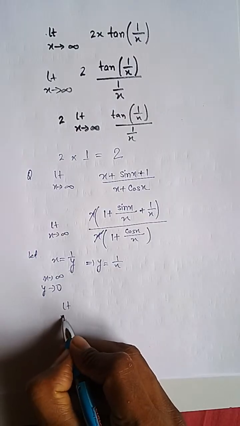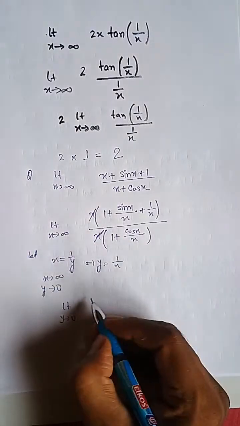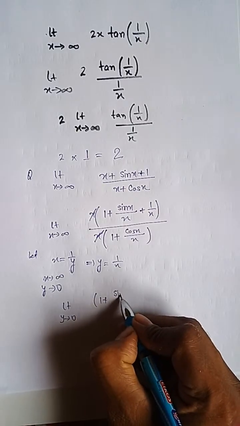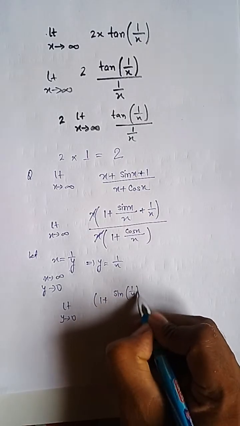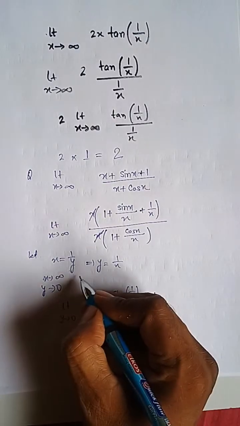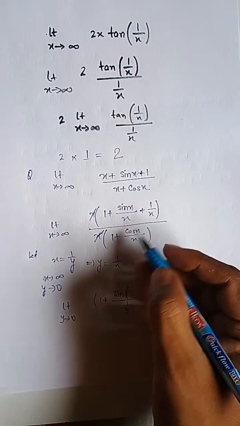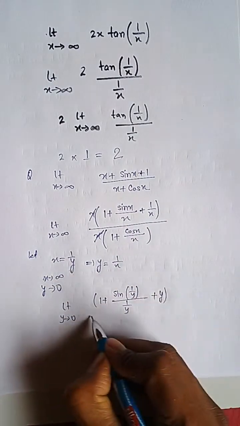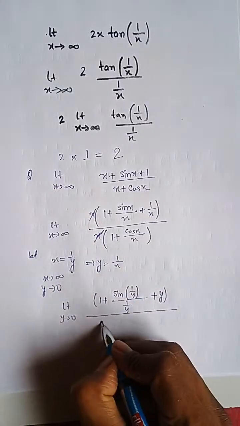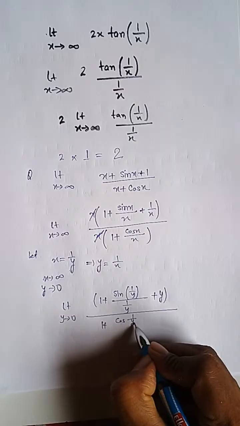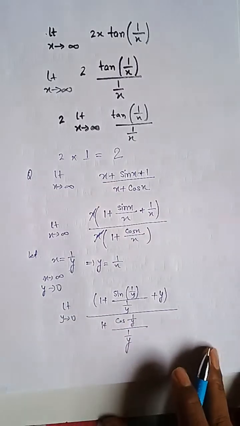Limit y tends to 0, I can write 1 plus sin x is going to change to 1 by y, 1 by y plus x changed, so 1 by x is y, divided by 1 plus cos 1 by y and 1 by y over here.